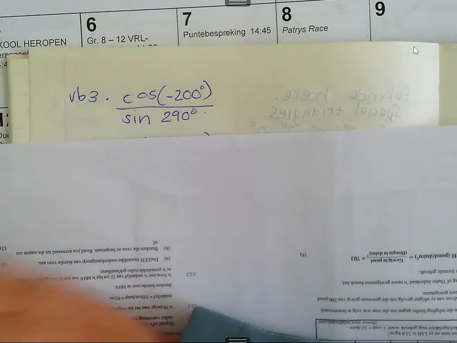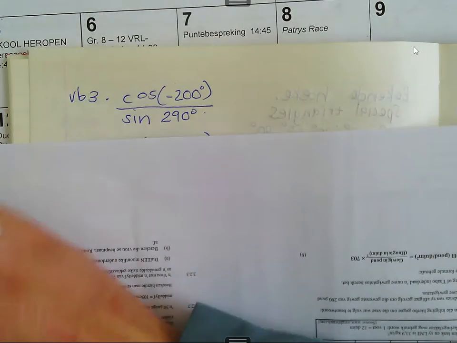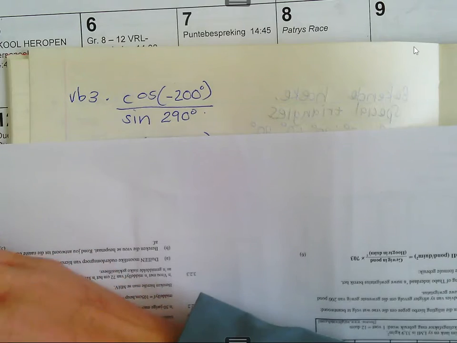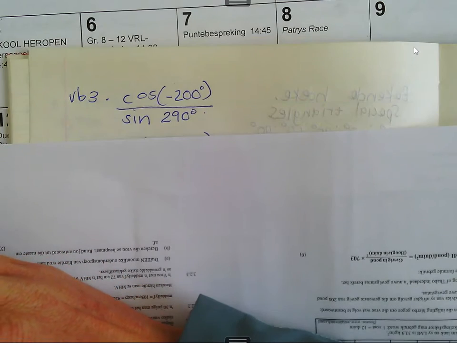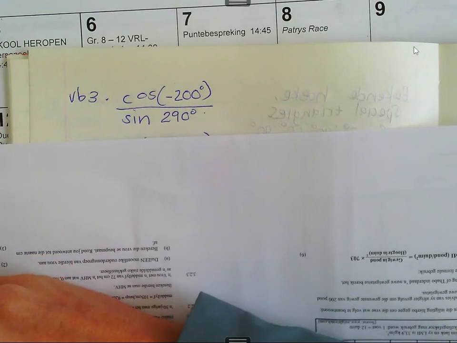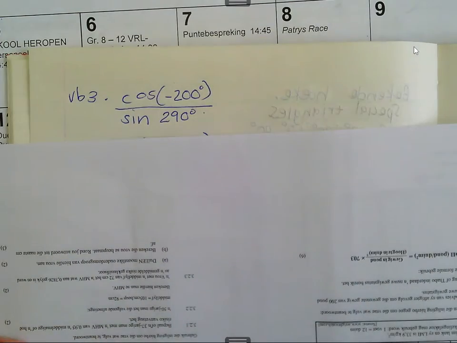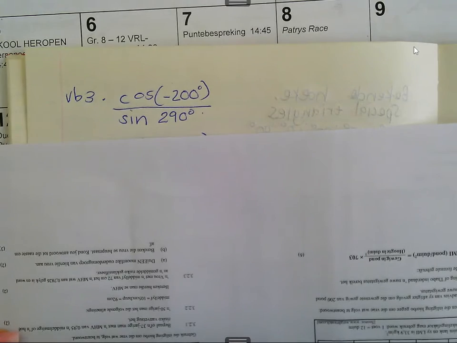You all know the cos of a negative is? Positive cos of the angle. Now, let's say I am in my next step now. Then I have cos 200. What would the reference angle be that I get if I use 180 plus or whatever? What would the small angle be? 180 plus what is 200? 20. Is that special? No.